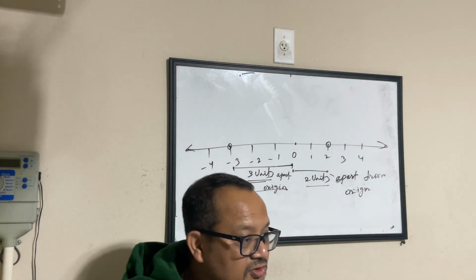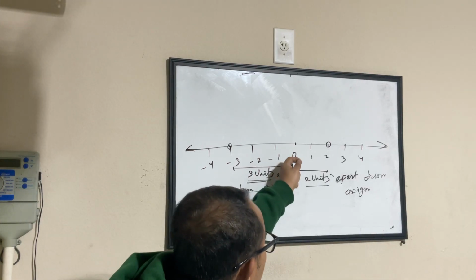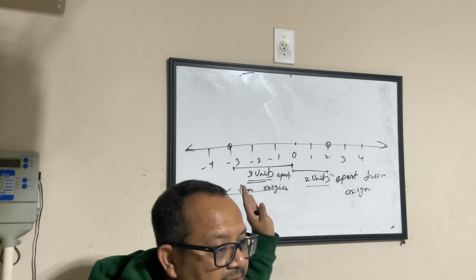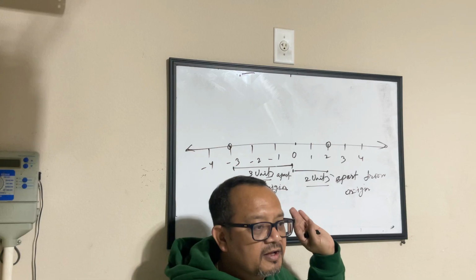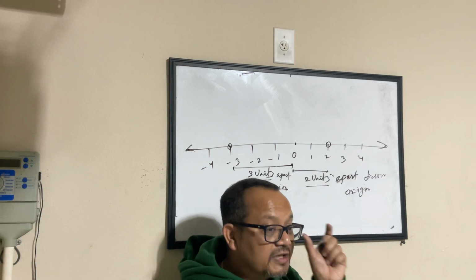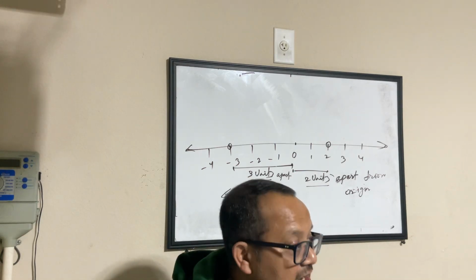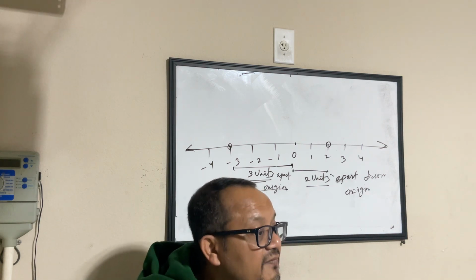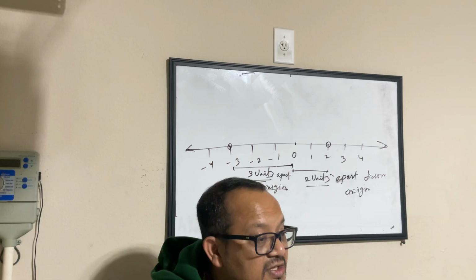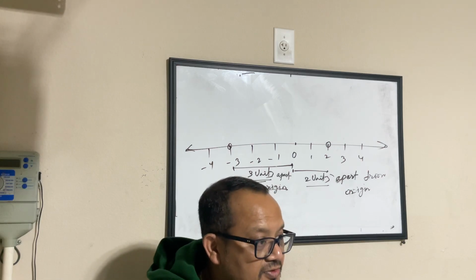This just tells you the absolute distance from the origin, be it on positive side or negative side. This is absolute distance. So that's what is the absolute value, when you just say how far is that point from origin without worrying about positive or negative value.